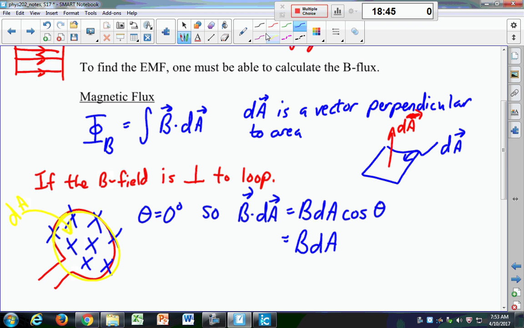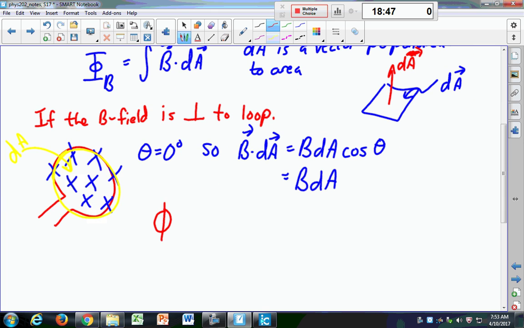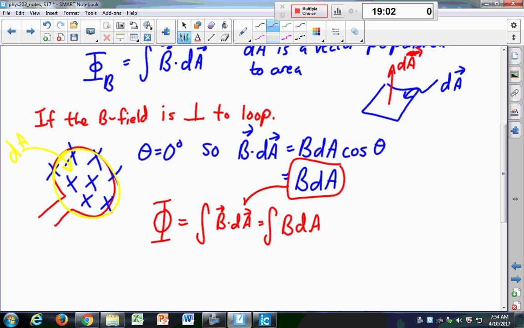And then if I want to find phi, the magnetic flux is going to be the integral of B dot dA, which is going to be the integral of B dA. I'm just taking this and putting it in for that, assuming that B is constant with respect to our coordinates.